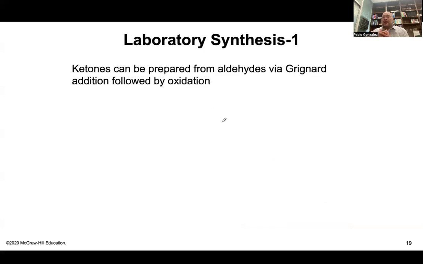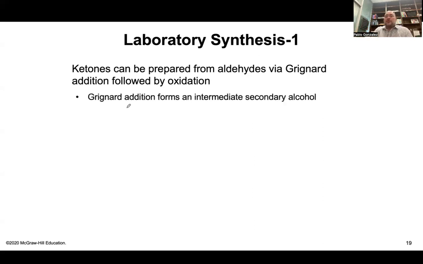Ketones can be prepared from aldehydes via Grignard addition followed by oxidation. So you can have an aldehyde and add a carbon. Remember, the Grignard is an alkyl group with an organometallic end, and that's going to add that chain to the aldehyde, making a secondary alcohol. Then you can oxidize that secondary alcohol to a ketone, and you're going to obtain that product.